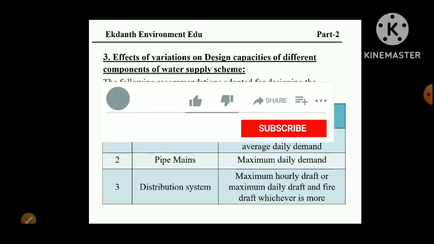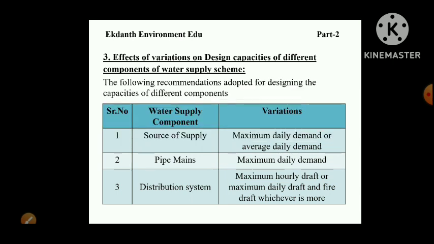So that will also be designed as per the maximum daily demand. Maximum of the components of the water supply scheme are designed as per the maximum daily demand. Few of them are designed based on the maximum hourly demand, or we can say the maximum hourly draft.